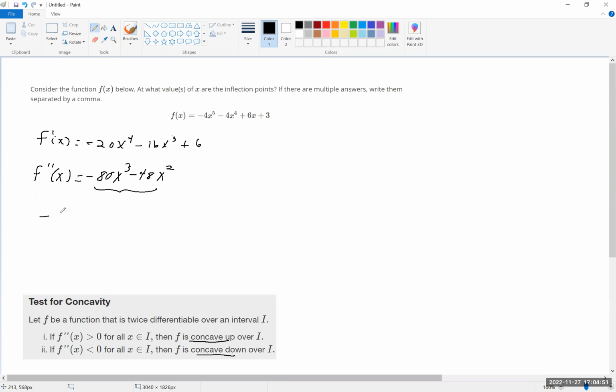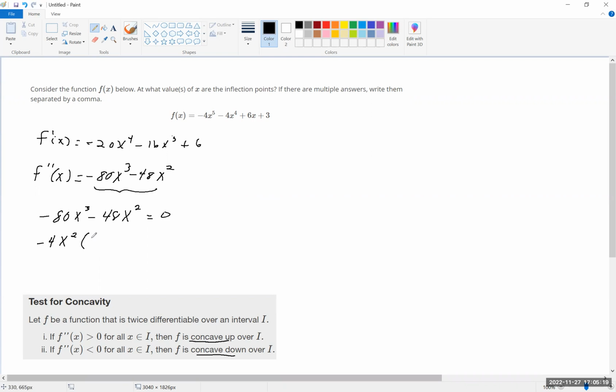So we've got negative 80x cubed minus 48x squared equals 0. I can factor out a minus 4x squared. I'm not sure I can factor out any other number out of that.